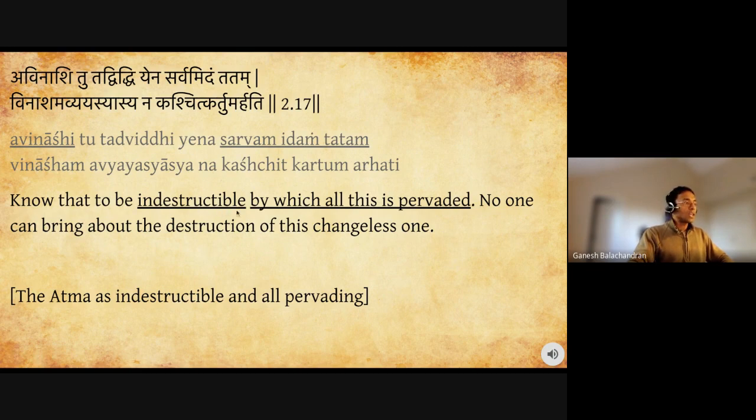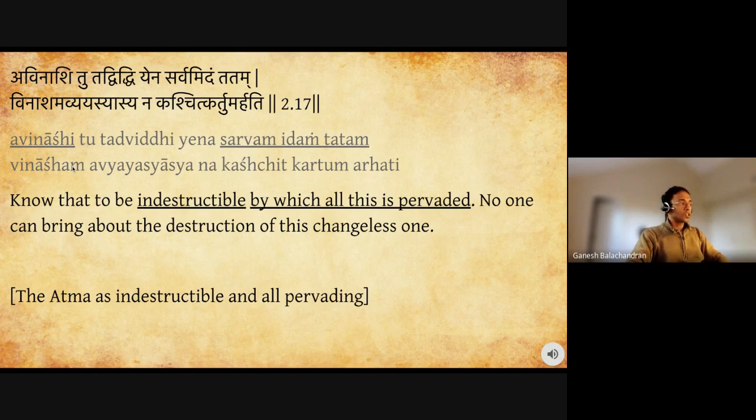I've underlined the words corresponding to the properties. Avinashi, we just saw that, cannot be destroyed. Avinashi tu tat viddhi: know this to be indestructible. Yena sarvam idam tatam. Yena means by which, sarvam means all, idam means this, tatam means pervaded. So this is all pervading.